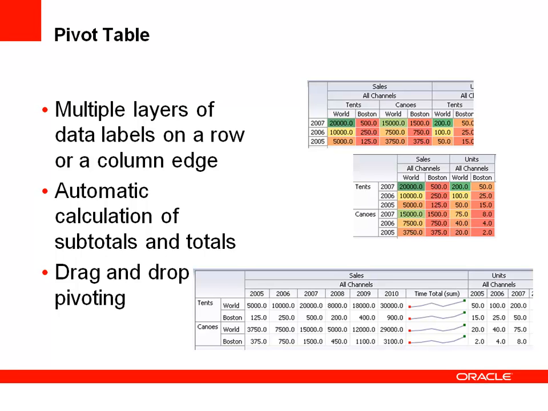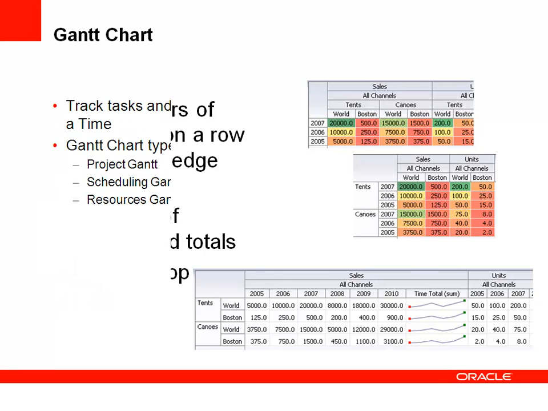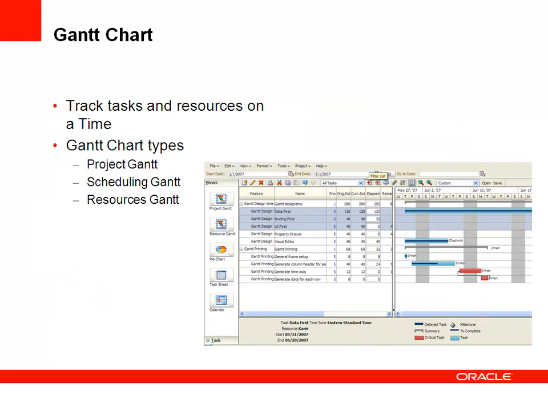The pivot table allows us to display information according to various axes, as well as move the axes around to analyze the data, and also provides you with the ability to do drill down as well as editing of the data in the table. We also have support for Gantt charts using the Gantt chart component, which allows you to show either project, scheduling, or resource Gantts.